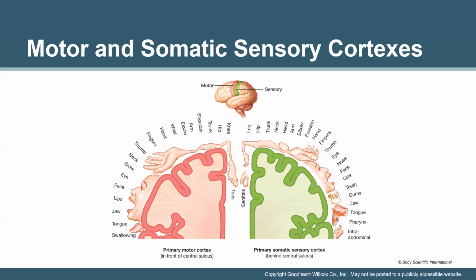Again, you can look at the distribution of how the body will pull sensory information from the body into this area. So we see that, again, lips and face, pretty big deal. Hands are pretty big. Genitals. The tongue. Some of the intra-abdominal workings will be pulled in here.